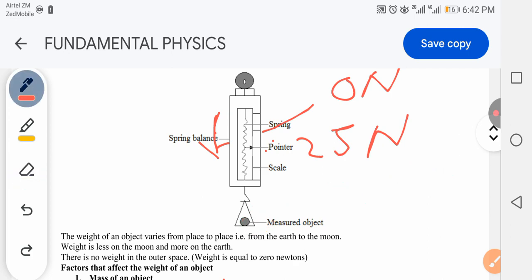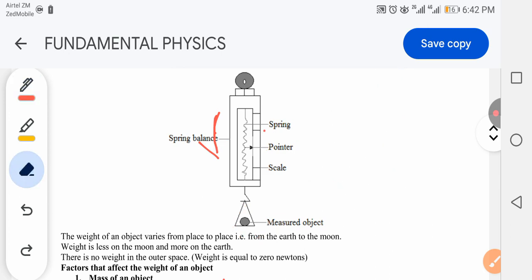As I was saying, if you place the object you want to measure on the spring, the spring stretches from 0 up to 25. Then it simply means that this object has a weight of 25 newtons. Hope that is clear how to use a spring balance scale.